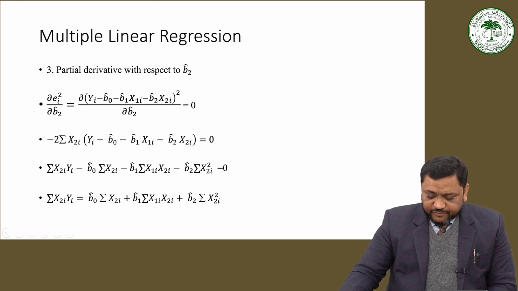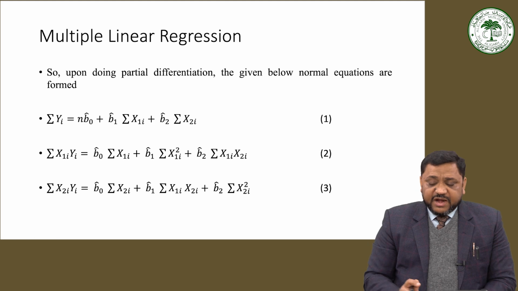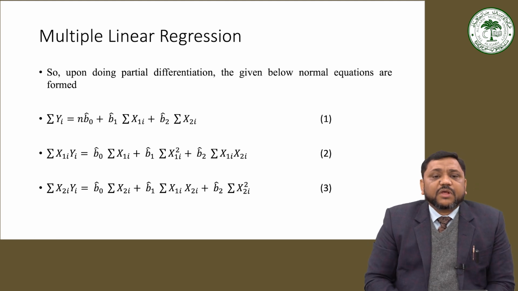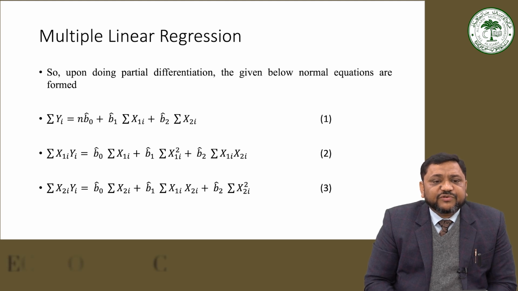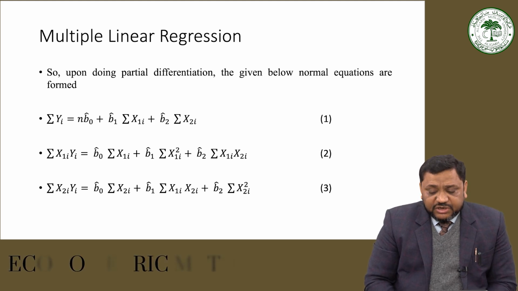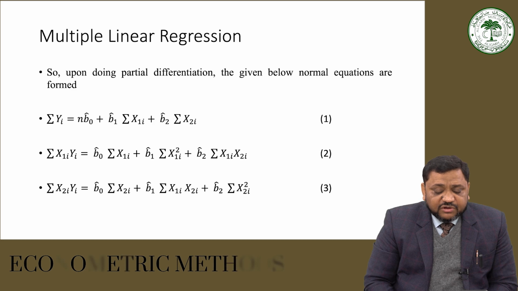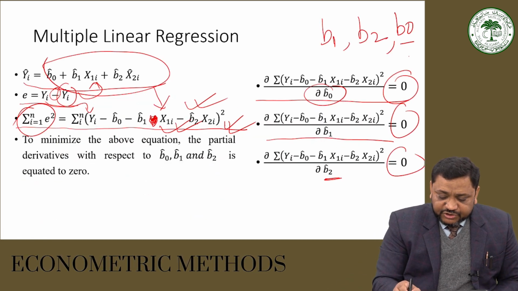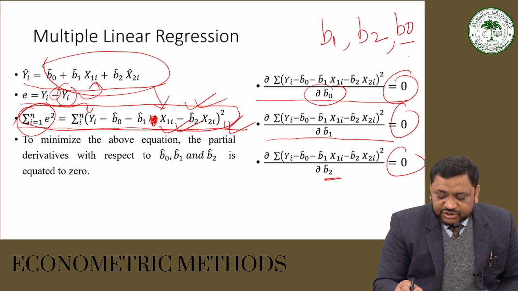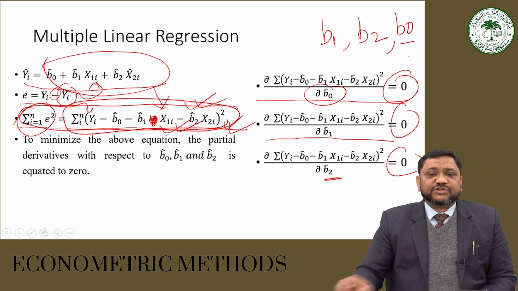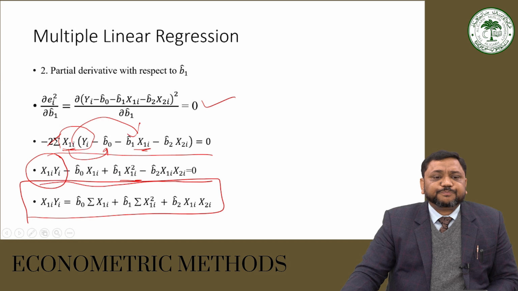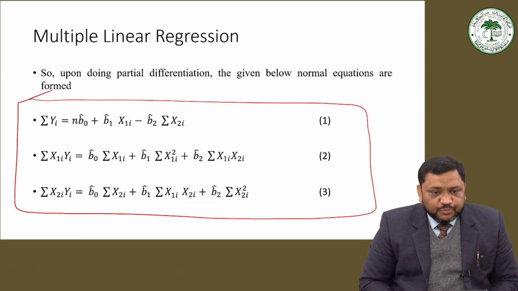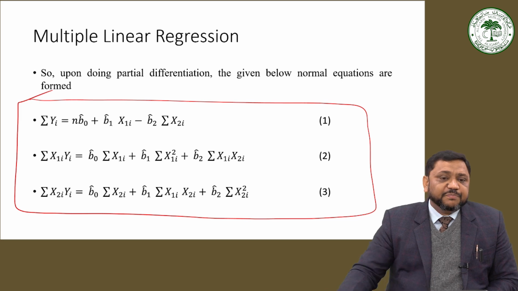Please ignore the minus sign, it should be plus. These are the three normal equations which we have derived by partial differentiation, first with respect to b0, then with respect to beta 1 or b1, and then with respect to b2.